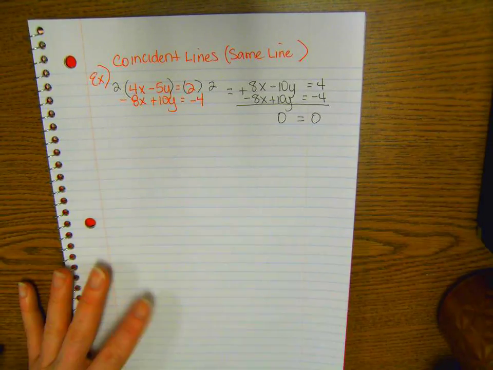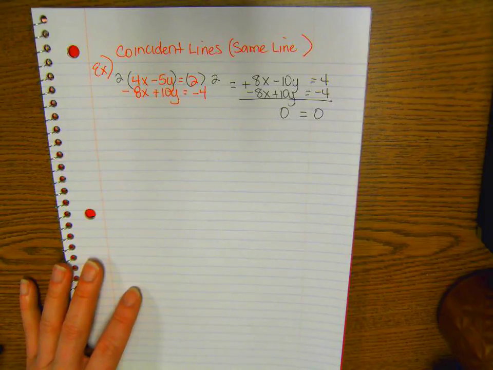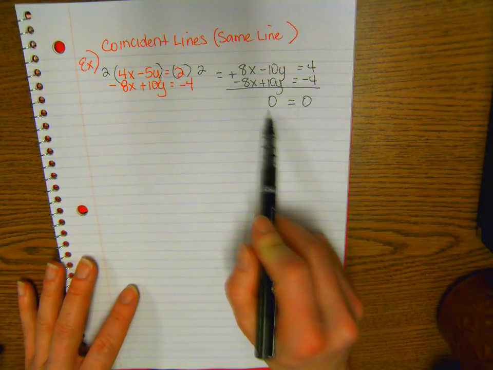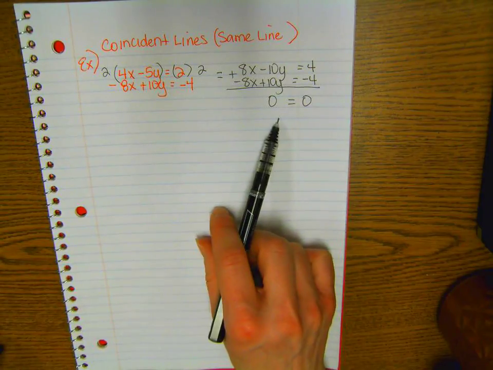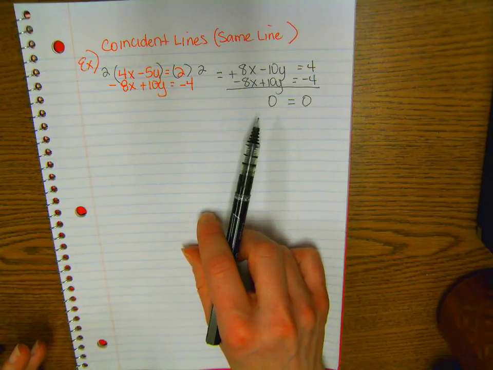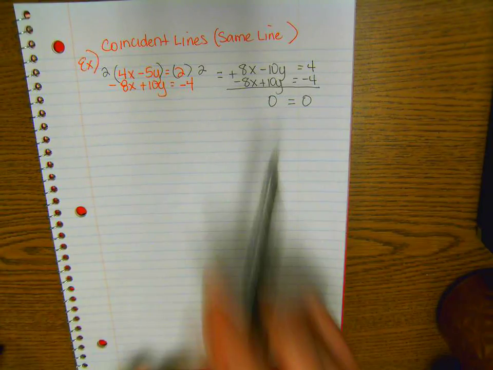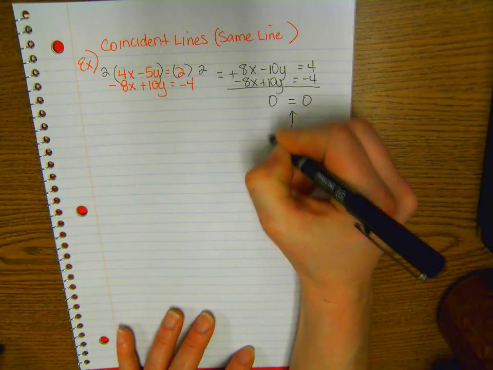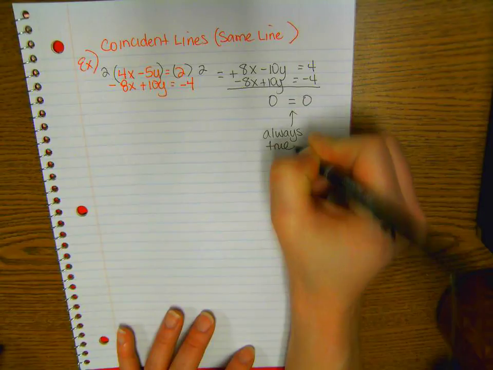Or maybe you'll get something like 5 equals 5, or negative 7 equals negative 7. This statement is true, and basically what this means is you could put anything in for x and y, and then it would give you a true statement. So if this is always true, that's when we call it a coincident line.